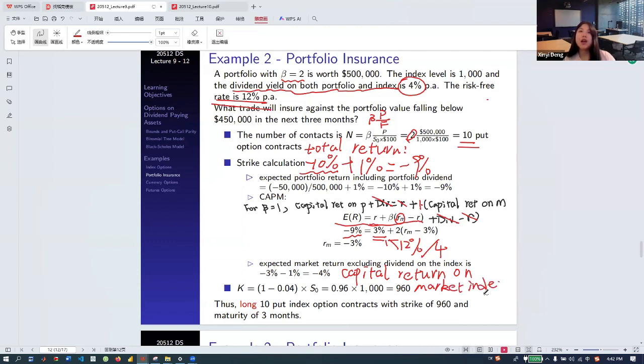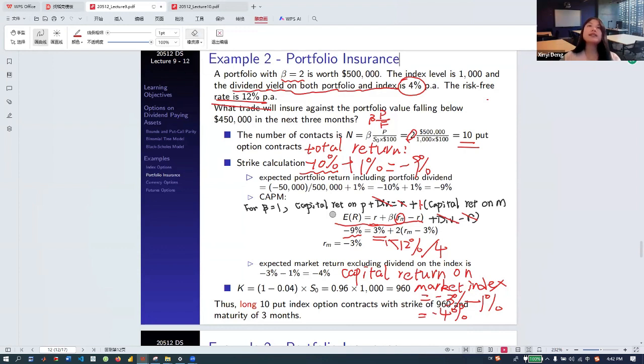Minus 3% is the total return, right? Remember, CAPM is all about total returns, and to determine the strike price, we only care about the capital returns. Therefore, we have to convert that total return from the CAPM model into capital return by subtracting the dividend yield: minus 3% subtracting 1% is equal to minus 4%.